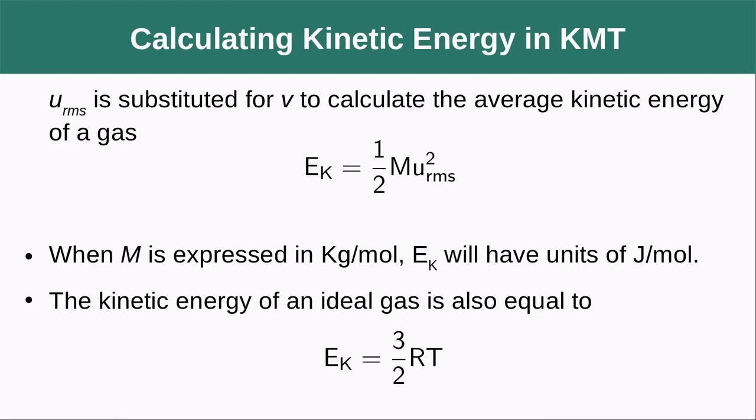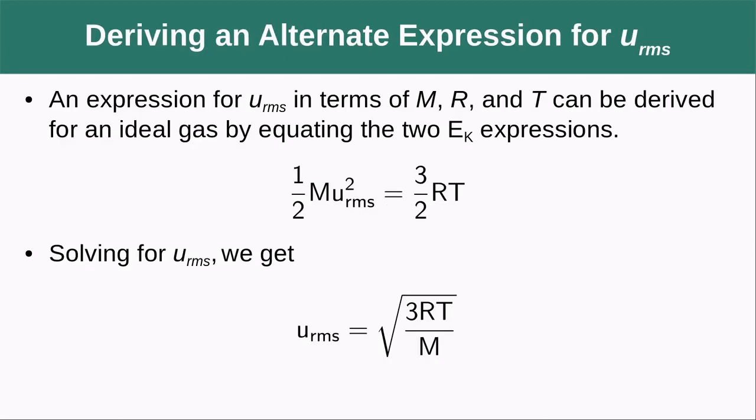The kinetic energy of an ideal gas is also equal to 3/2 RT. We know this from using calculus, but it's in general a fact. If we set them equal to one another, we will get an equation that we can use for the average velocity, the RMS velocity for an ideal gas.